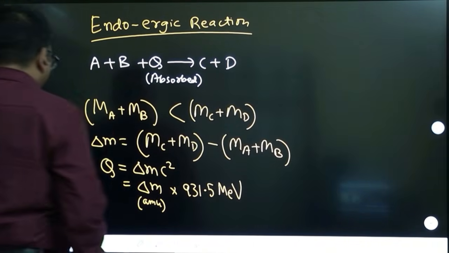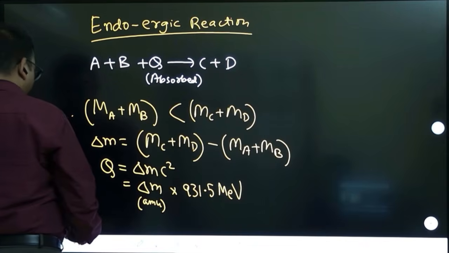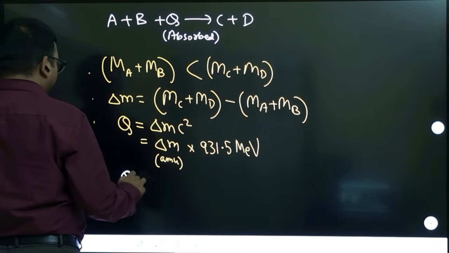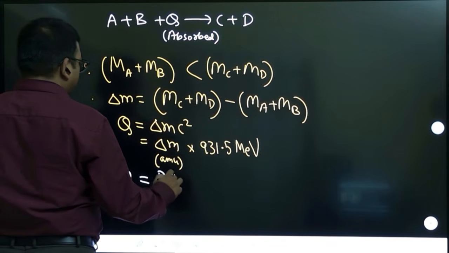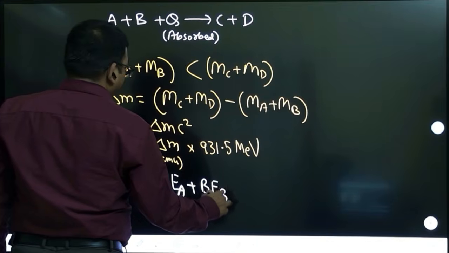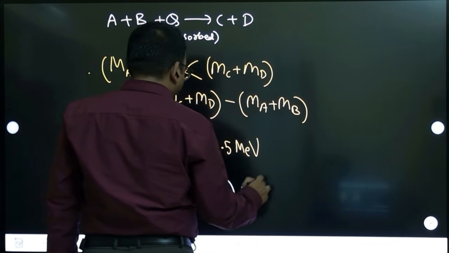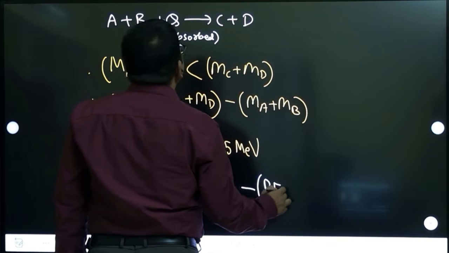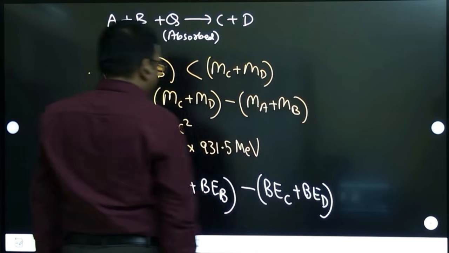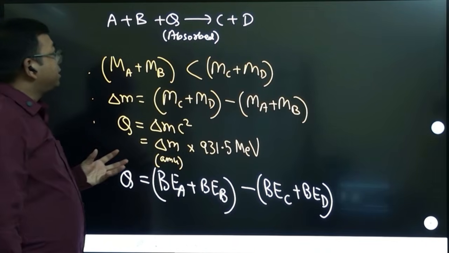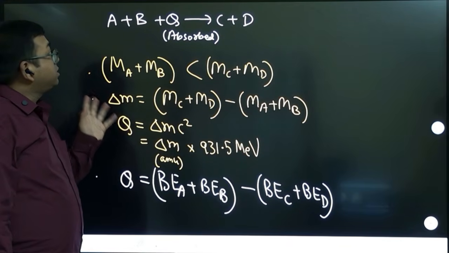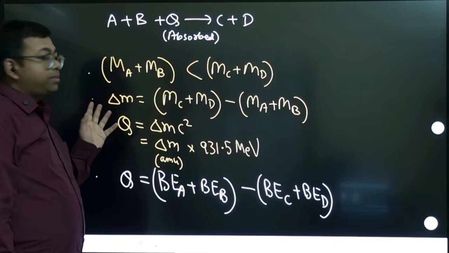Then also note that we want to write in terms of binding energy. So this Q value can also be written as binding energy of A plus binding energy of B minus binding energy of C plus binding energy of D. So this time we have to write binding energy of reactant minus product, because these reactants are more stable.